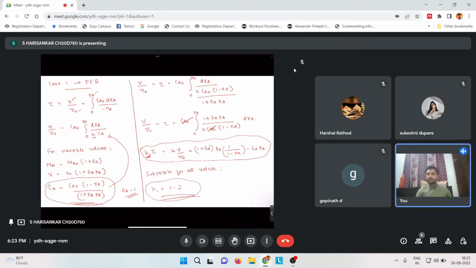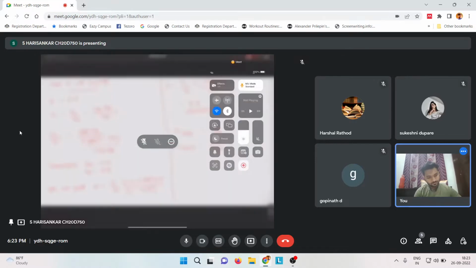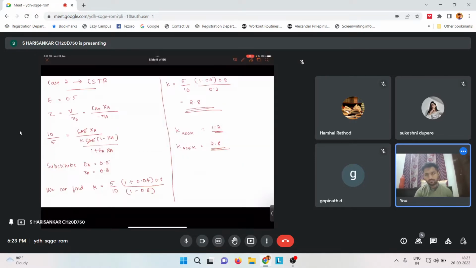Okay. Now we do the same thing again for CSTR. So for CSTR, we had epsilon equal to 0.5, and we have the design equation, which is tau is equal to V by nu 0, which is equal to Ca0 into Xa by minus Ra.